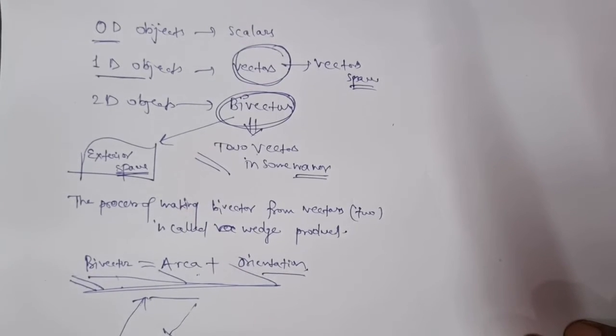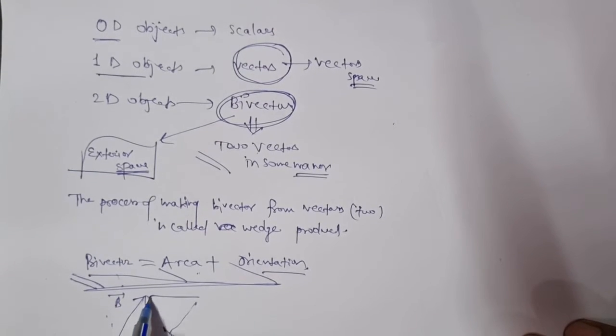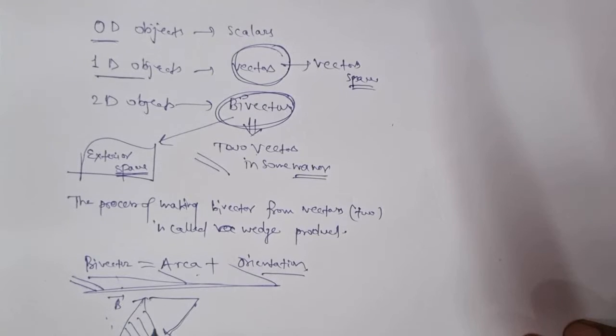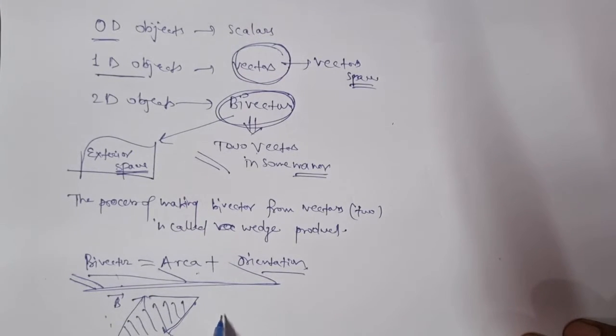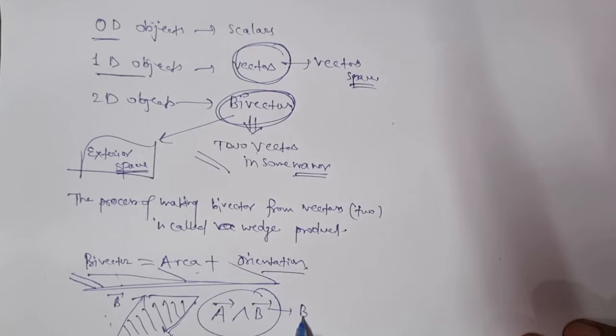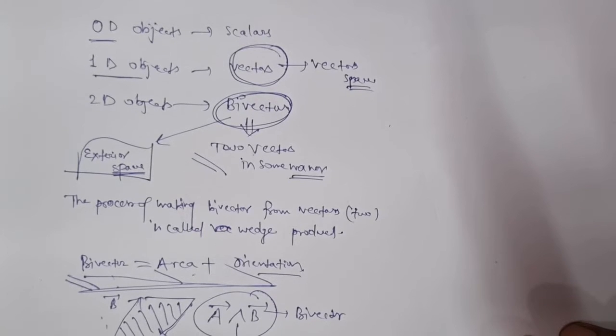Suppose we have vector A and vector B. Combining these two vectors, we can make a bivector like this, and it can be expressed in a specific order, like vector A wedge vector B. So this is called a bivector, and this product is called wedge product.